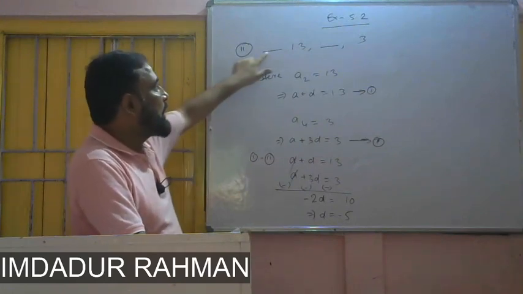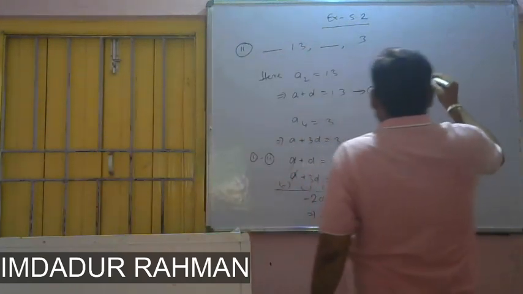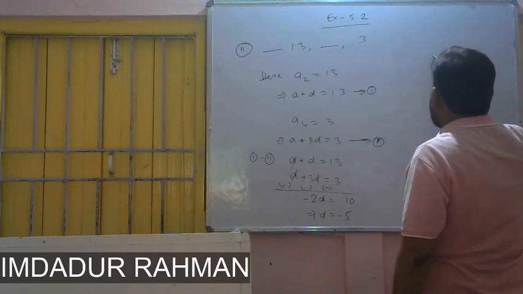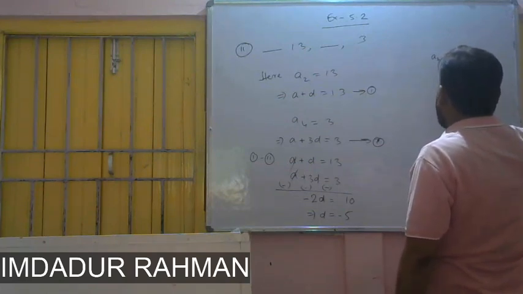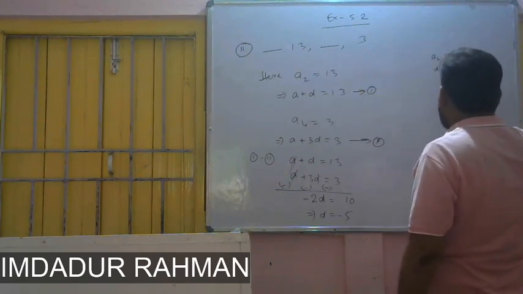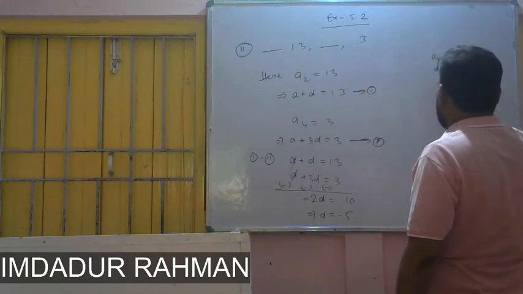Now we can find out A. A2 is given 13 and D is equal to minus 5, then what is A?